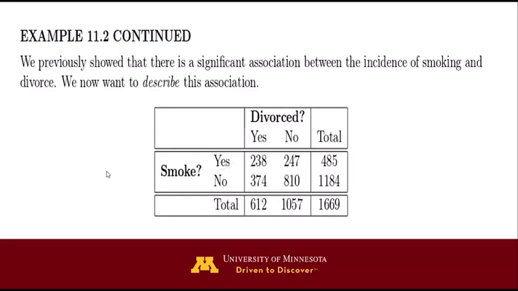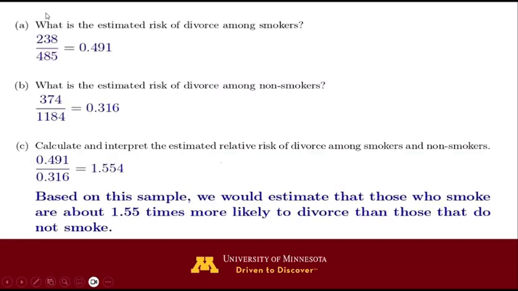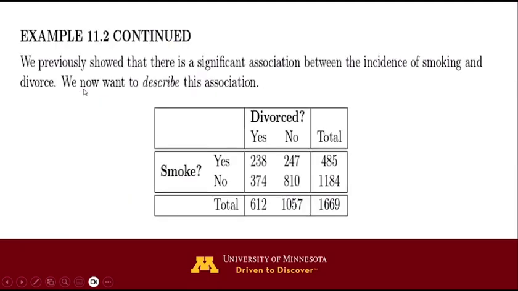Now, if you take a look at what I have here, what is the estimated risk of divorce among smokers? I'm going to say that again. What is the estimated risk of divorce among smokers? How do I get 238 divided by 485?